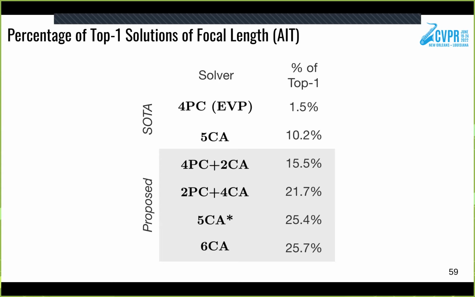This is showing the different solver configurations, and the idea of this graph is that we had a dataset called the AIT dataset. It's a standard dataset for auto-calibration of distorted images. It was introduced by Wildenauer. I should put a reference there.